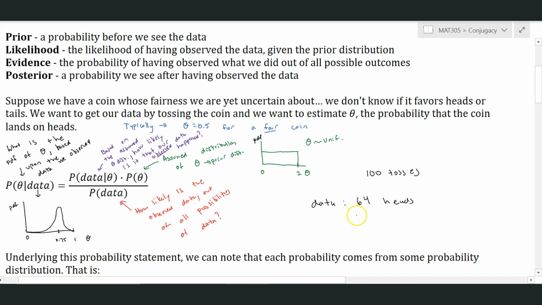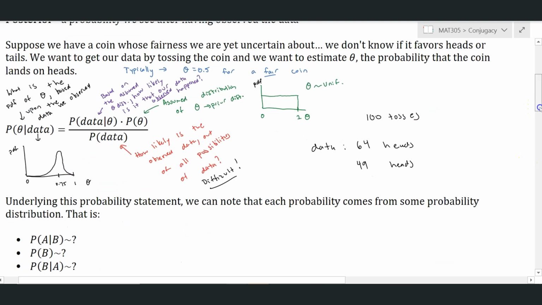And maybe on a second try, we get 40 heads. So that's what we mean by data in this context. What is the result of our experiment in coin tossing? This again is often difficult to get, but the good news is that what we're really concerned about is the prior and the likelihood.